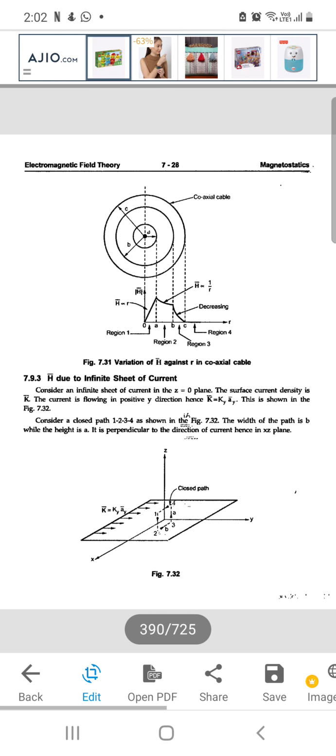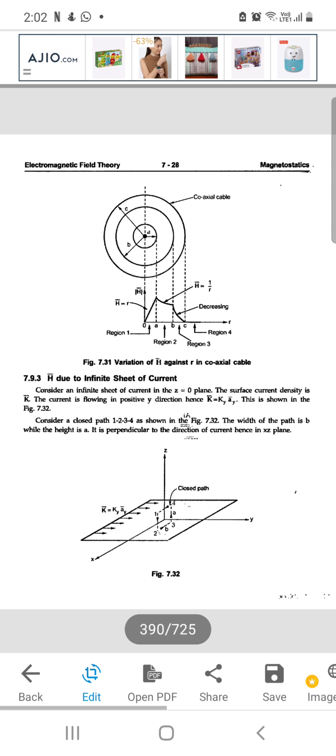As you can see, in the range from 0 to small a, that is whenever Amperian path is inside our inner conductor, our H is varying proportional to R. So you can see a linear variation of H with respect to R. And whenever Amperian path is between A and B, you can see H is inversely related to R. That is, as the Amperian radius increases, our H, that is our magnetic field, goes on decreasing.